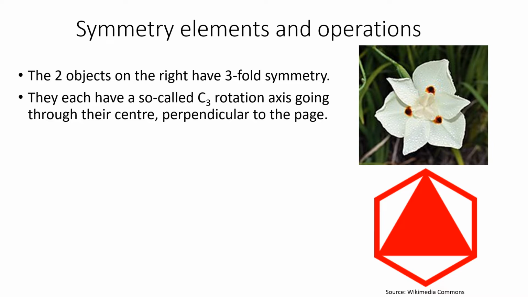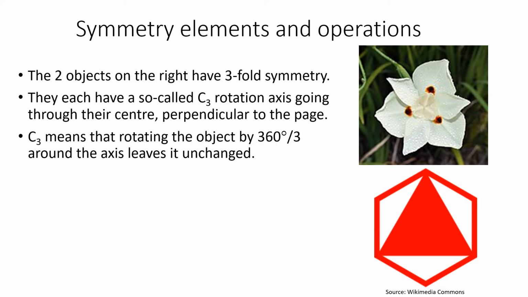So C there denotes rotation, and the 3 talks about the n-foldness of it. In both of these cases we've got an axis perpendicular to the screen, and if you rotate around 1/3 of a rotation, you return the object to its original state.